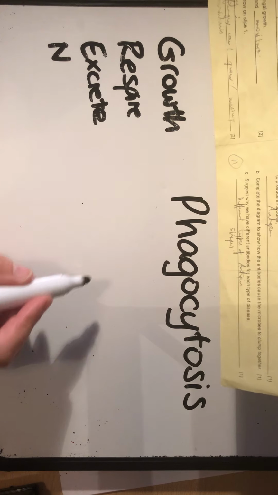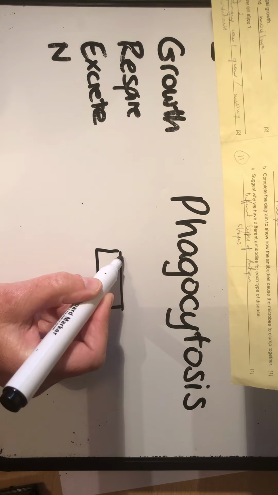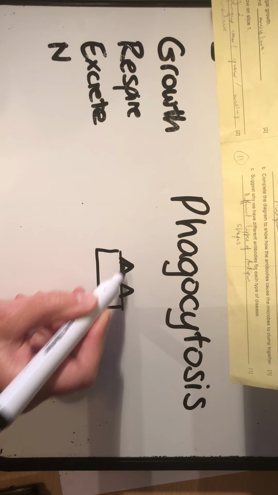Now, question 13. When microbes enter our body, some blood cells produce antibodies. The antibodies work by clumping the microbes together, making them unable to move. So in this diagram, they've drawn microbes. So I'll just copy these out.